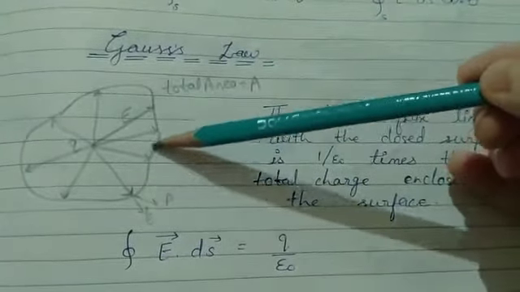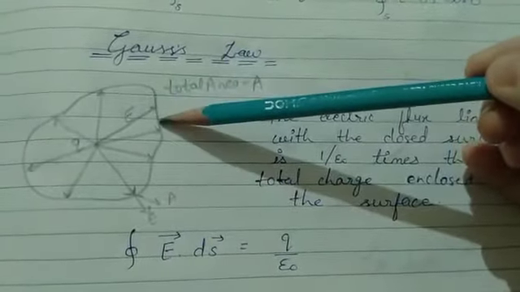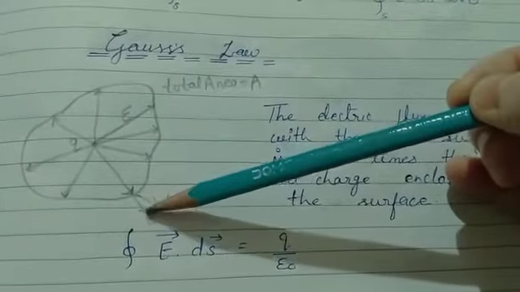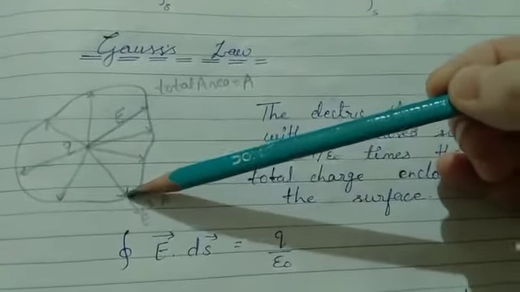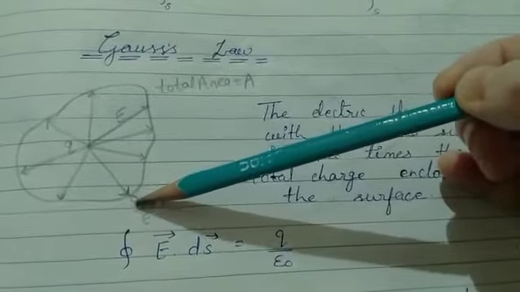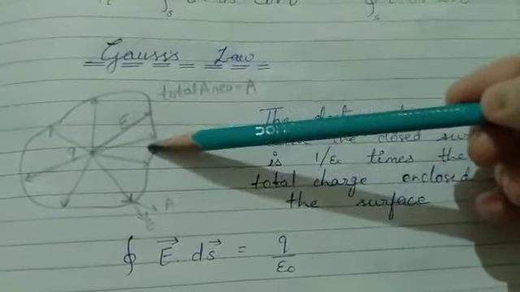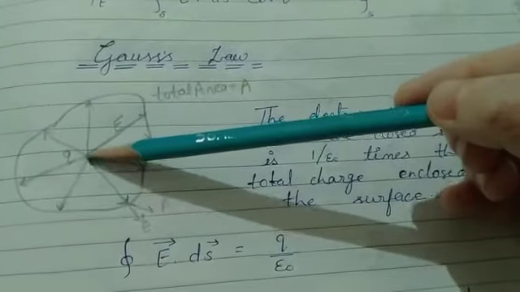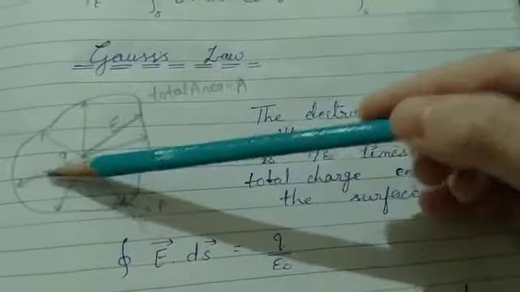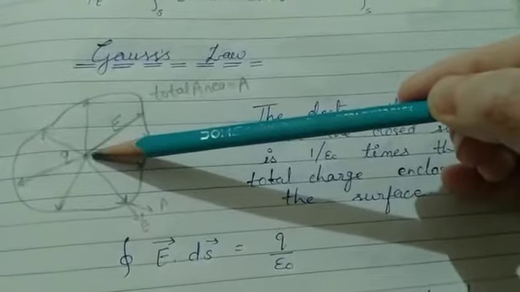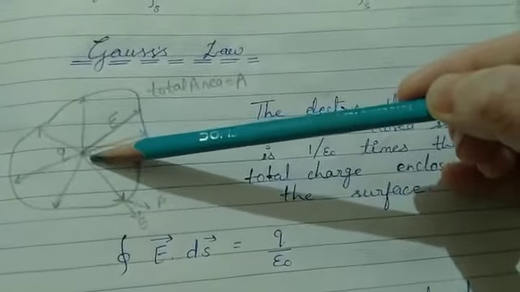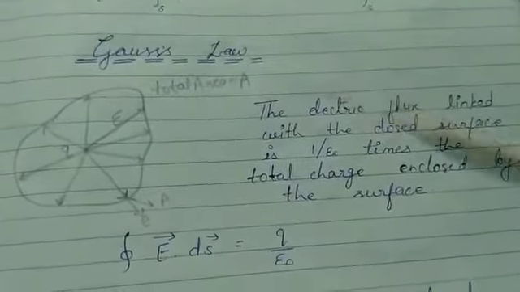We take any random electric field line E, and this is A. There is an angle theta between E and A. So when the charged particle is inside a closed surface, what is the quantity of electric flux? That we will discuss in Gauss's law.